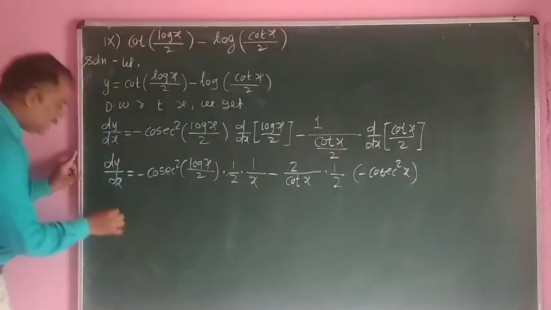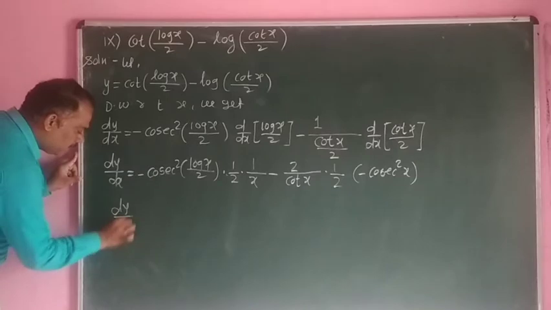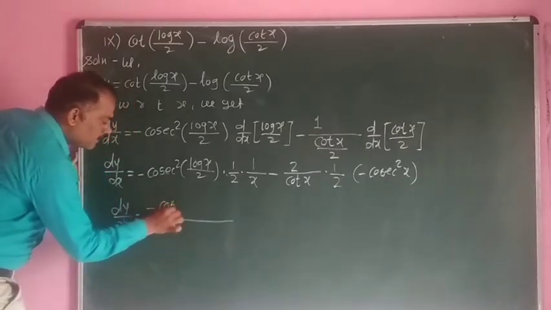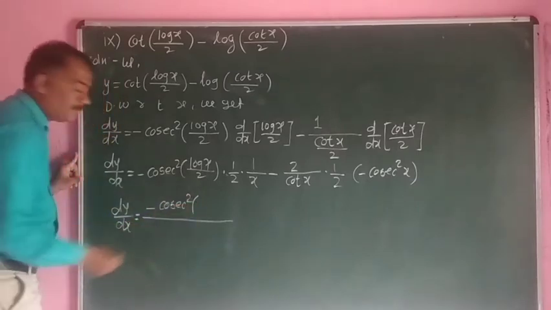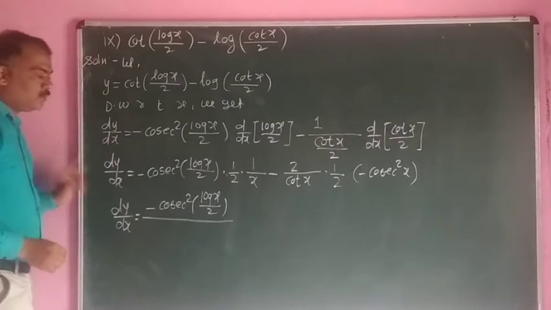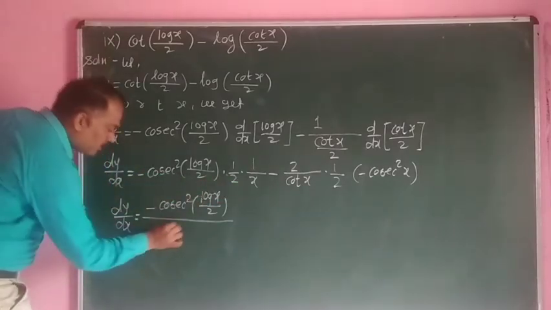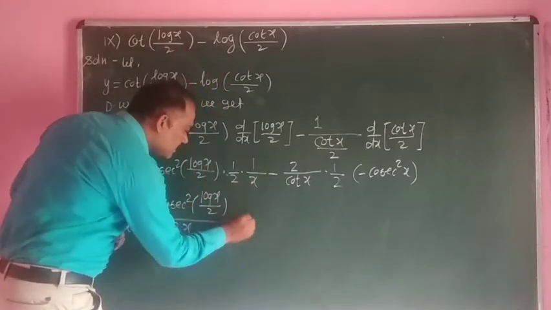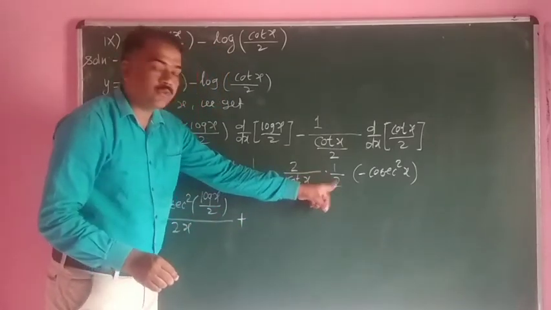Now we write dy by dx is equal to minus cosec square of log x by 2, and 2 into x is 2x. This minus and this minus become plus. This 2 and this 2 get cancelled.